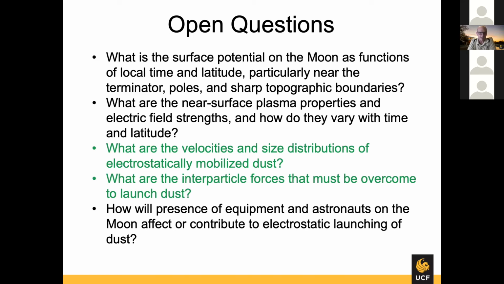The two bullets that I highlighted there in green, I think, are things that we did not really understand very well at all as recently as 5 or 10 years ago, and we have a much better idea of those now, as I described in the last few slides.